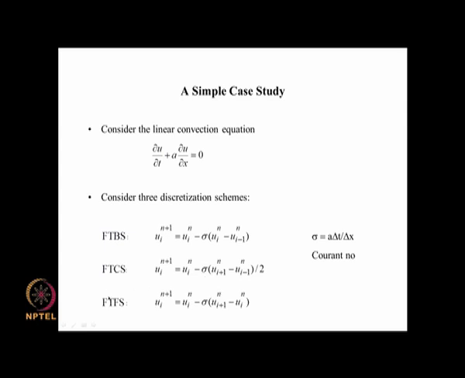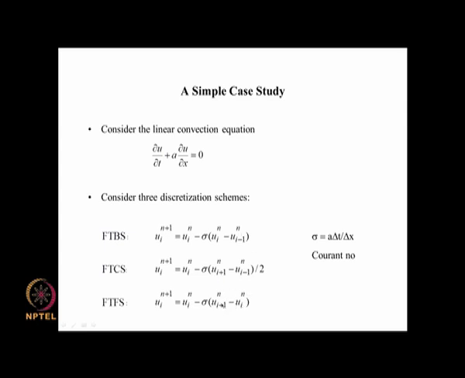And the other possibility, we can consider many possibilities, but let us consider another thing in which instead of using backward differencing, we use forward differencing even for space. So, this will be given as ui plus 1 minus ui divided by delta x. So, that will give us ui n plus 1 equal to ui n minus sigma times ui plus 1 minus ui n.